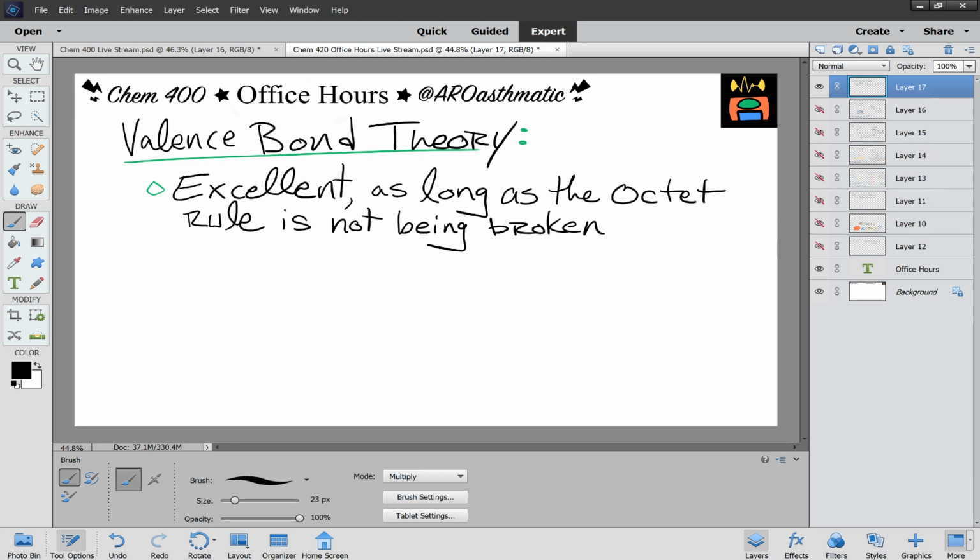In other words, valence bond theory is solid. This is a solid explanation.